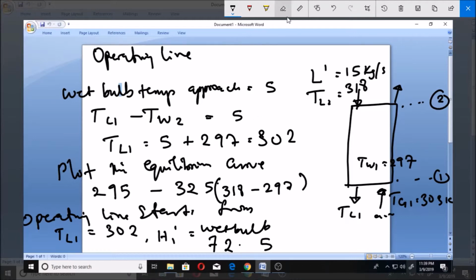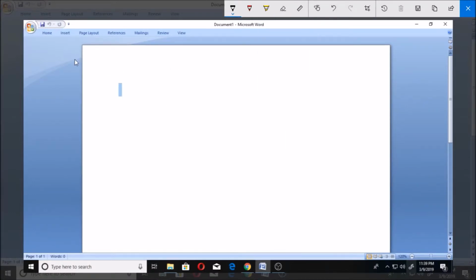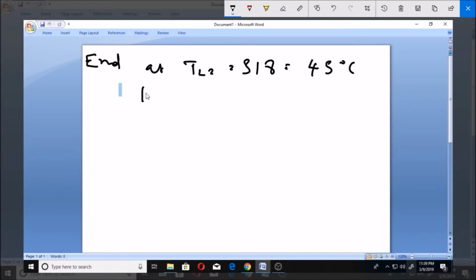So that is what we are going to be using to do our calculations. That's where it's going to start. And where will it end? It will end at TL2, which is equal to 318, equivalent to 45 degrees Celsius, and H, which we are going to find out.